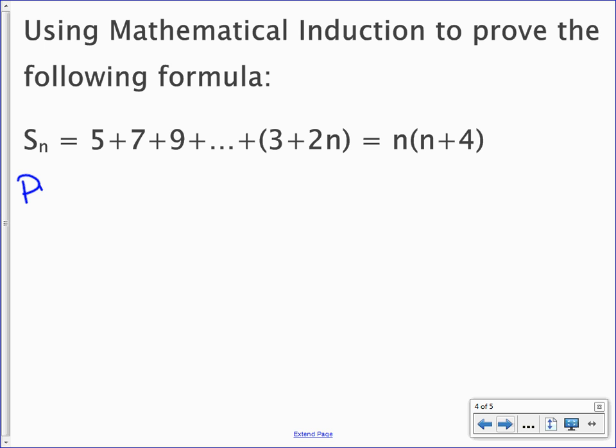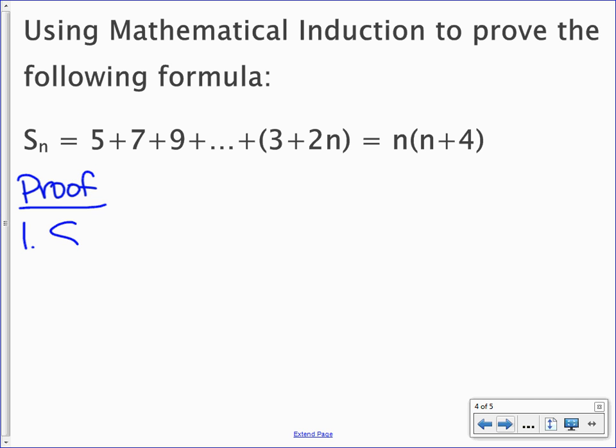So let's write our proof. Step number 1. We need to show it's true for n equals 1.